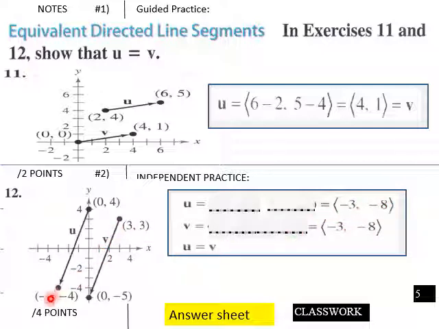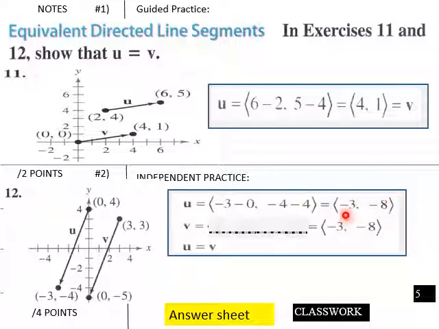Well, U in this situation has a starting point here at (-3, -4), and then it ends up here at (0, 4). So for U, we have -3 minus 0, and then we have -4 minus 4. So we would end up with (-3, -8).